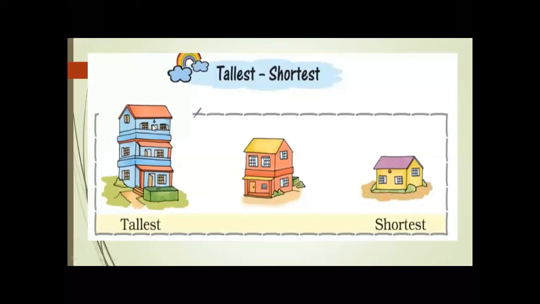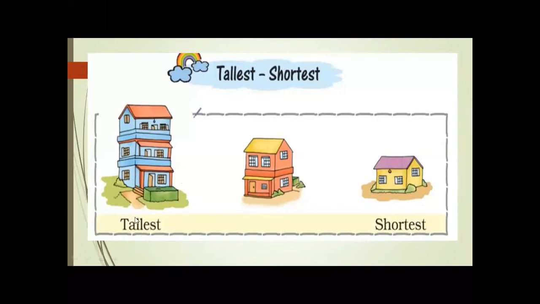Here we see a house with three floors, next a house with two floors, and last a house with one floor. So the one-floor house is called the shortest, and this one with three floors is tall, so it is called the tallest.